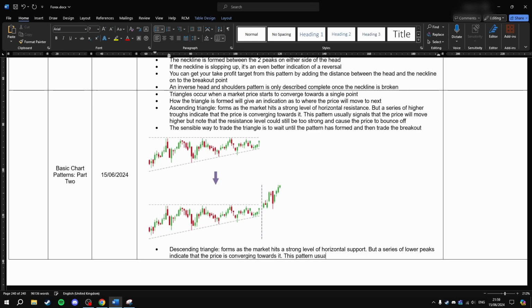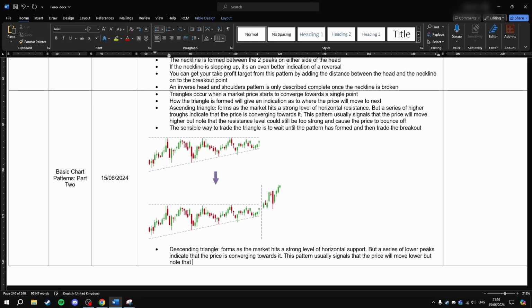This pattern usually signals that the price will move lower, but note that the support level could still be too strong and cause the price to bounce off.